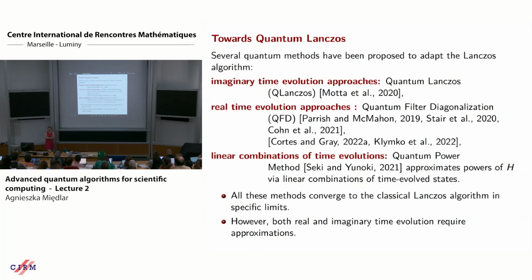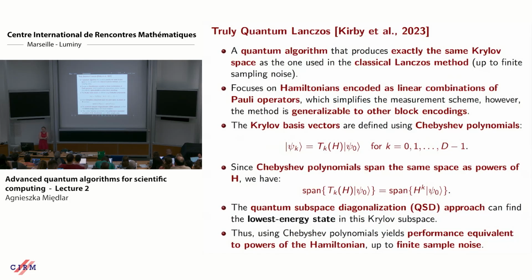The advantage of the algorithm that I'm going to talk about, which I call truly quantum, or Will also calls truly quantum Lanczos, is that with some assumptions it allows us to create a subspace which is exactly the same Krylov subspace that you would create if you were able to store those giant Krylov vectors.